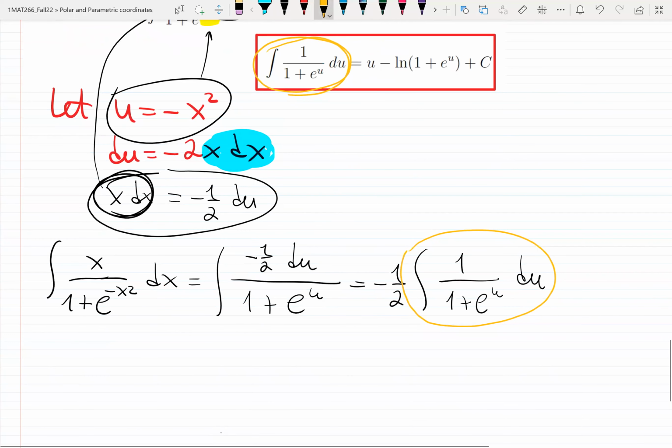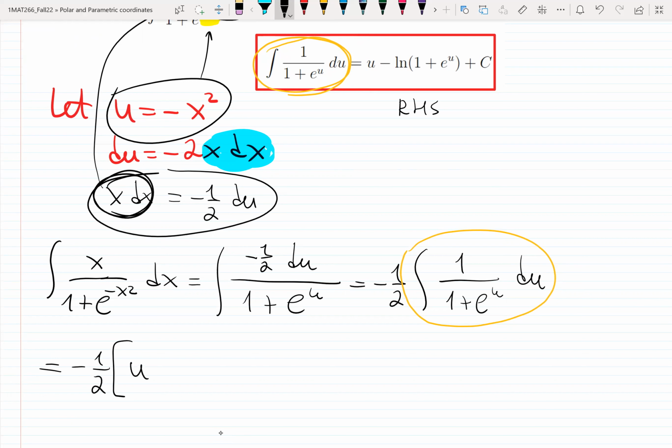So now we know the part in yellow. It will be multiplied by minus 1/2 in front. Open the brackets and write down the right-hand side of the formula: u minus ln(1 plus e to the u) plus c. Someone already solved this integral for you, so you just use the result.